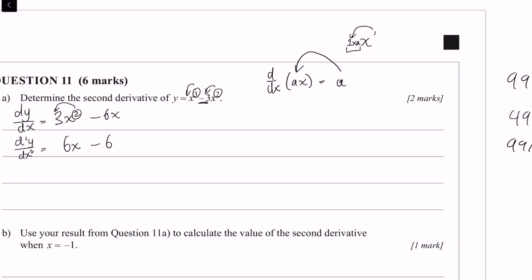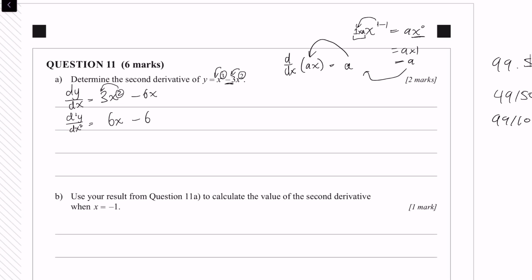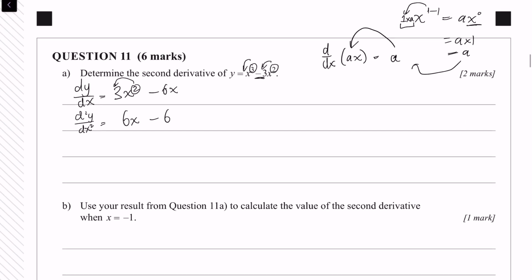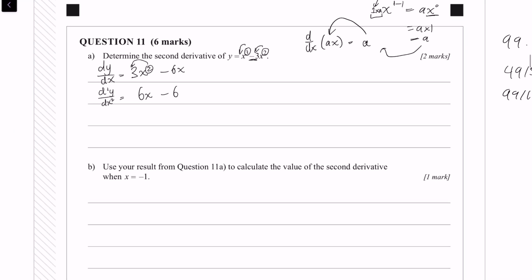We'll have our same value for the coefficient at the front, but then our 1 minus 1 power, which will be 0, just becomes ax to the power of 0, which, anything to the power of 0 is really just 1. And so we're just really left with that number at the front. Okay, so those are just some tricks to keep in the back of your mind to be really quick with these sort of questions. Okay, that's an easy 2 marks.